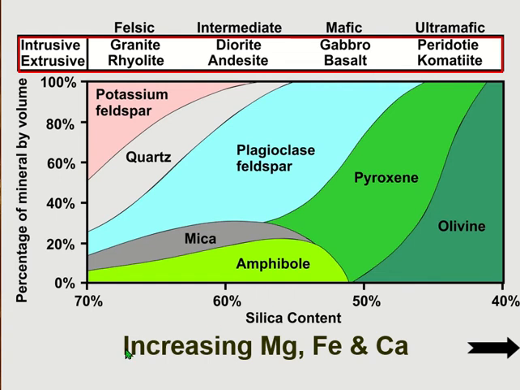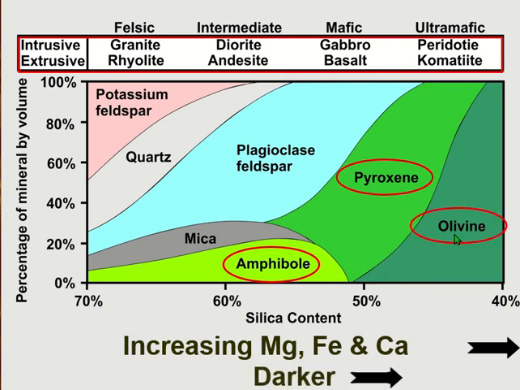Now, another aspect of this is as the silica goes down, there's increasing amount of magnesium, iron, and calcium. So this is where you find what I've referred to before as ferromagnesian minerals, with Fe and Mg, like amphibole and the pyroxenes and olivine. As a consequence, you'll find that the more mafic a rock is, the darker it is.